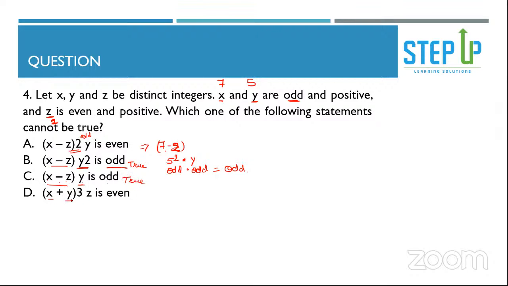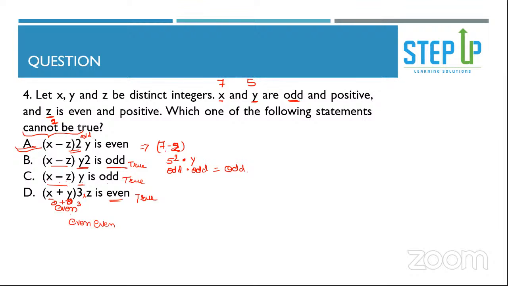Now x plus y: odd plus odd is even. Now even cube is also even, and even into even is also even. So this is also true. The question asks which cannot be true, so the first one will be our answer.